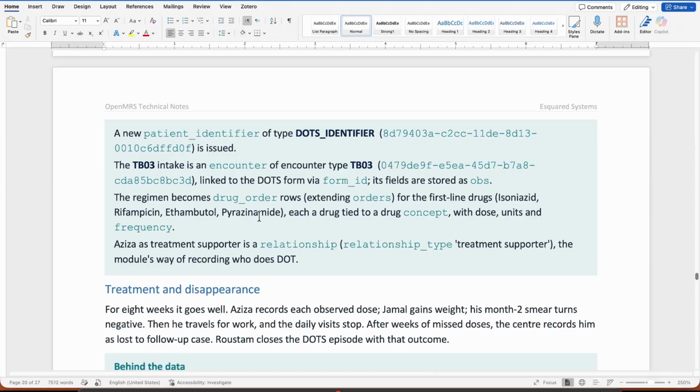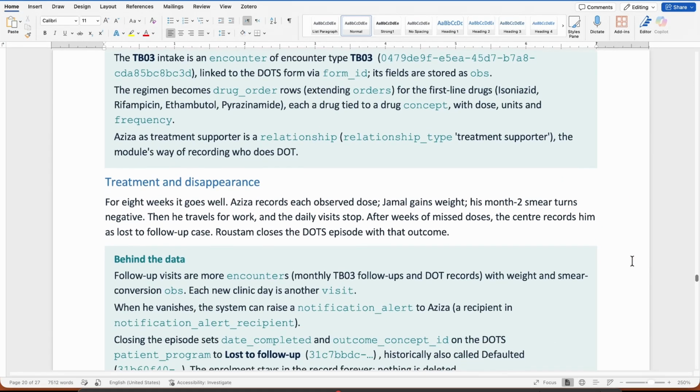Once he's confirmed, he is assigned a DOTS ID, and then he starts the treatment for 8 weeks. He's on DOTS. DOTS, by the way, stands for Directly Observed Therapy Short Course, meaning literally someone from your team, your health worker, is going to eyewitness the patient taking the medication. That's the DOTS program.